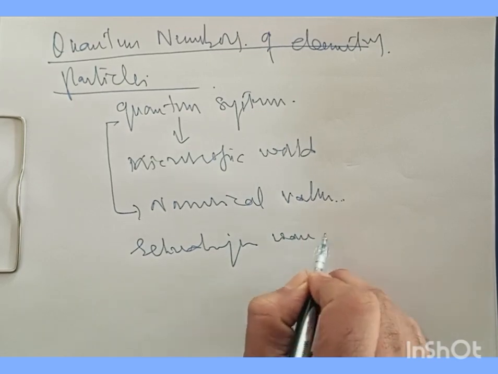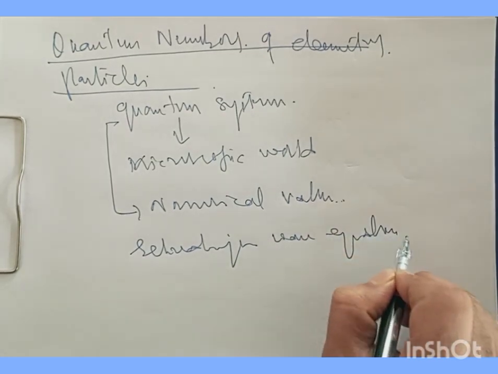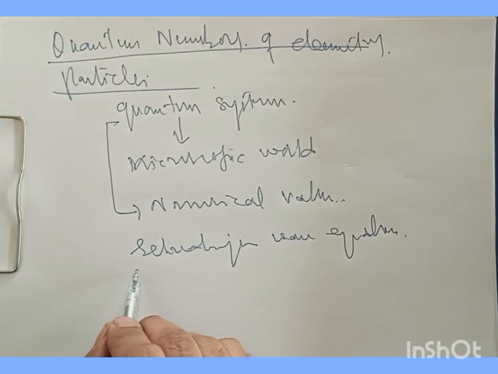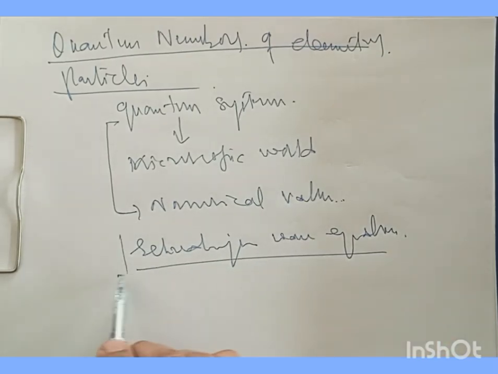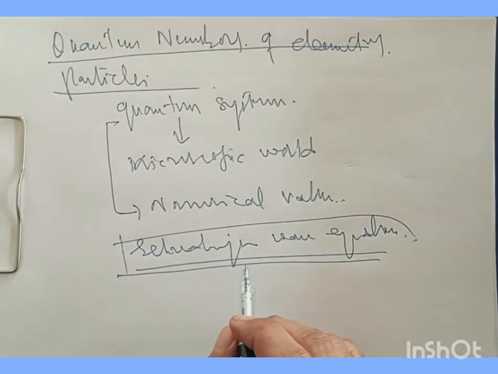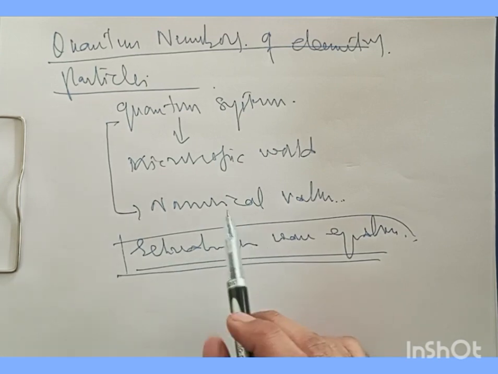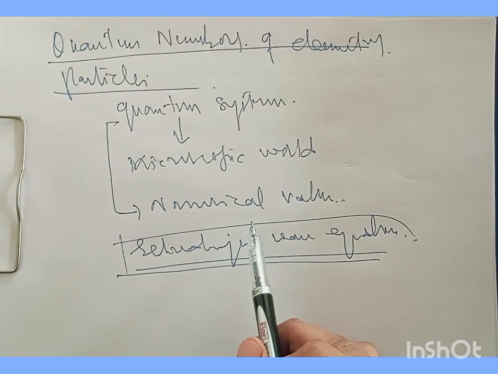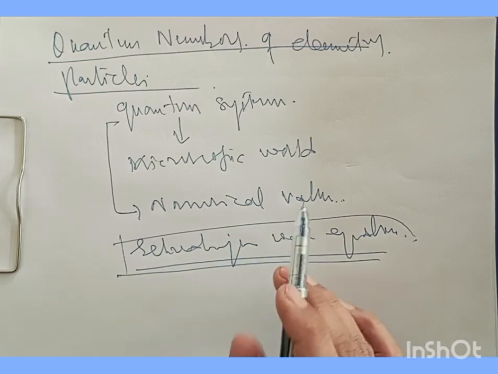When we apply this wave equation to the hydrogen atom, we come up with some numerical values, and these numerical values describe the quantum numbers of atoms.